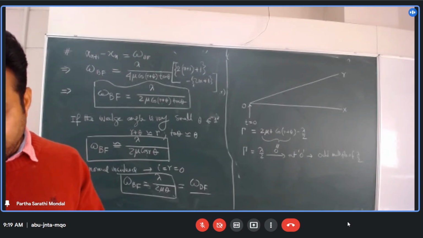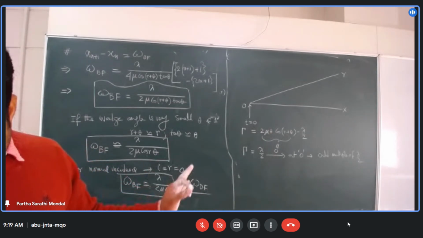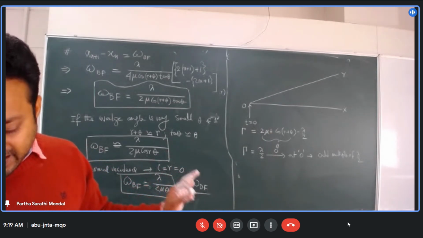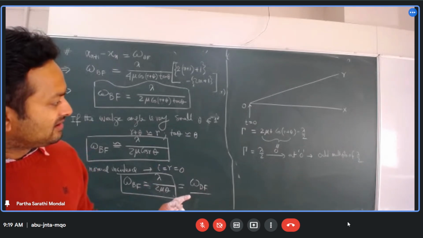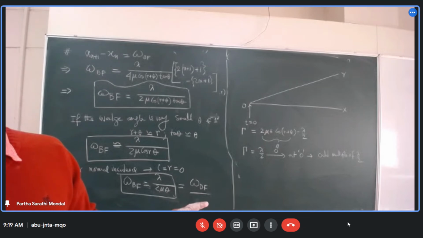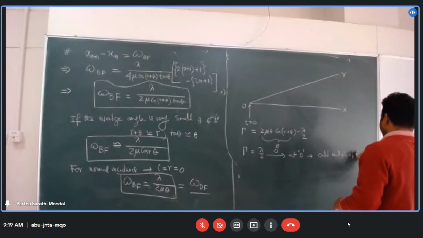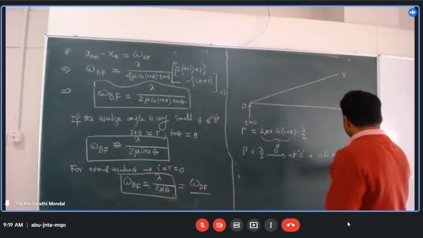So we know that if the path difference is maximum, it will give you n lambda. Okay, so it is half n lambda. If it is an odd multiple of lambda by 2, so that means what?